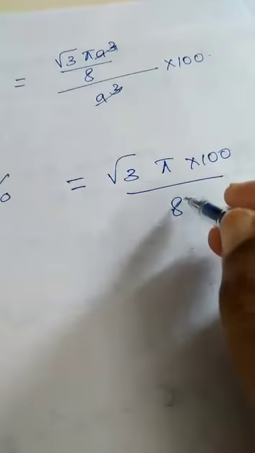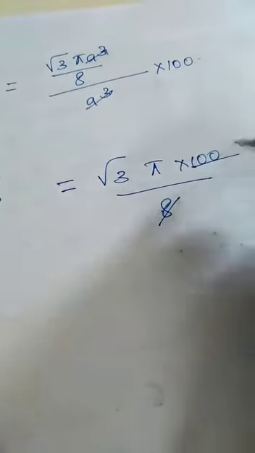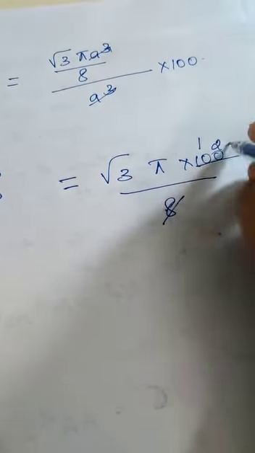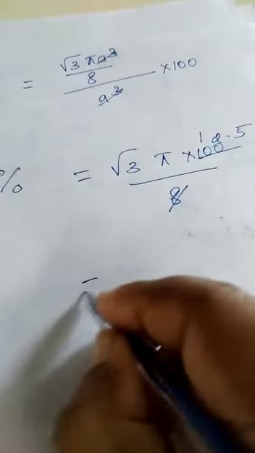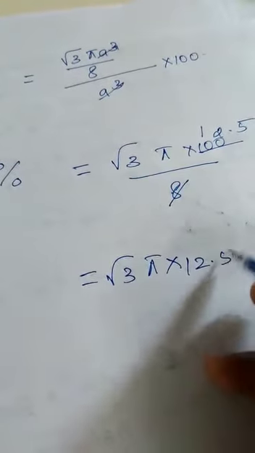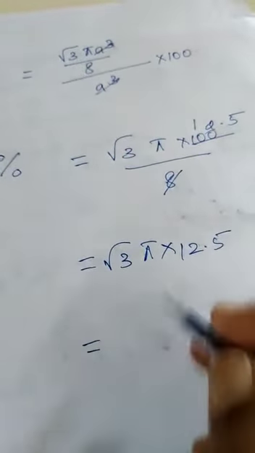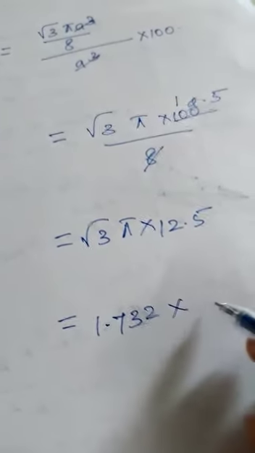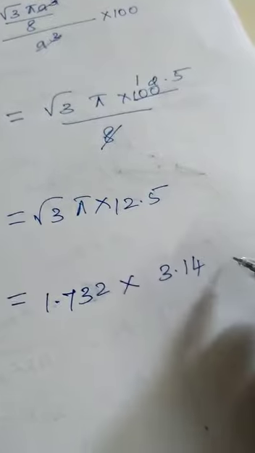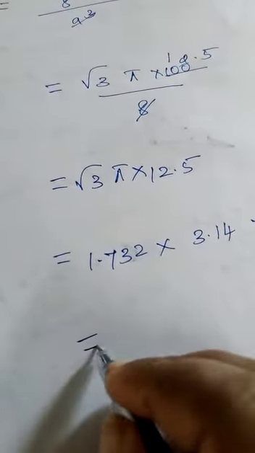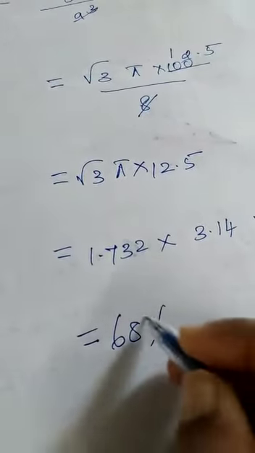So either you can simplify these two. If I simplify, I'll get root 3 pi into 12.5. That's nothing but root 3 value is 1.732 into pi value 3.14 into 12.5. I'll get the percentage 68%.